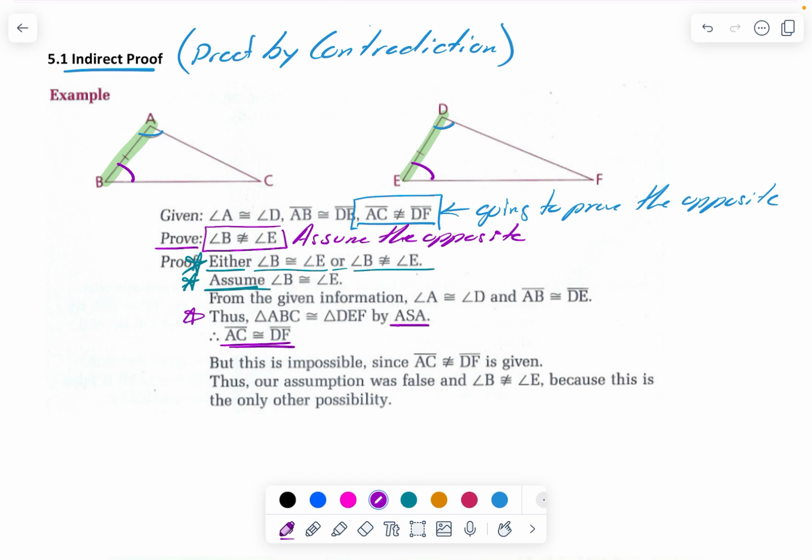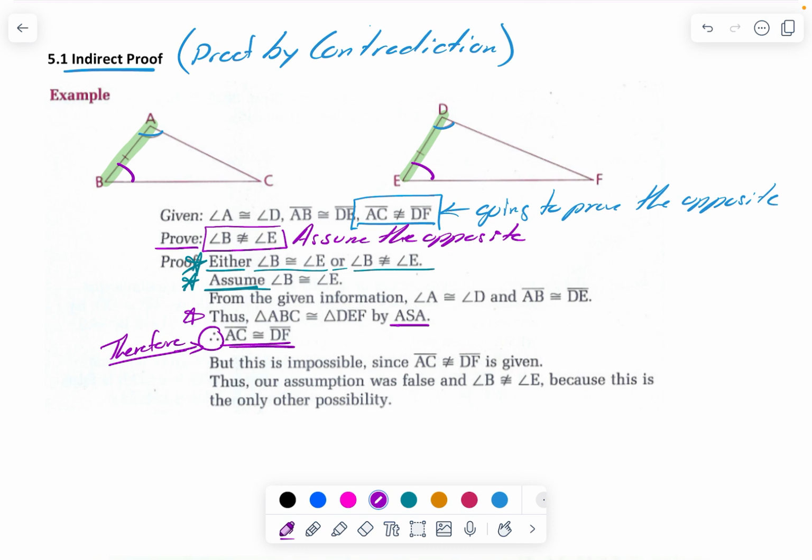But we have a problem because we were also given that AC was not congruent to DF. So this is what happens. And these little 3 dots there, that means therefore. We mathematicians don't like to write, so we abbreviate whenever we can. So therefore, if the triangles are congruent, those two sides would have to be congruent.